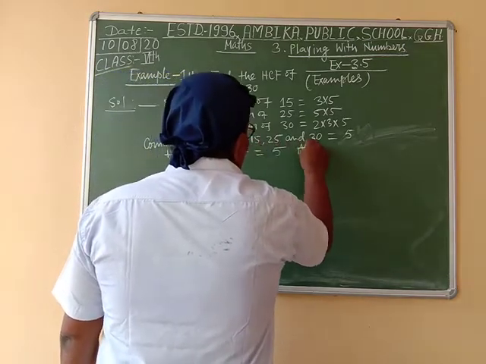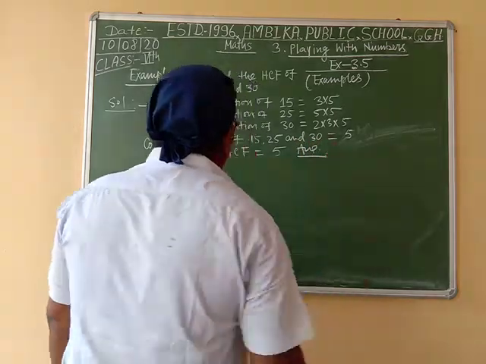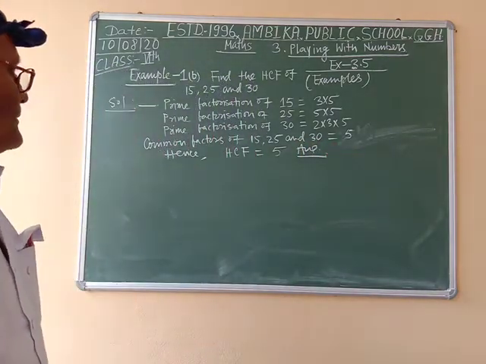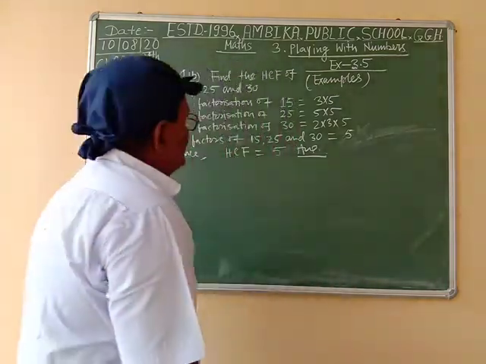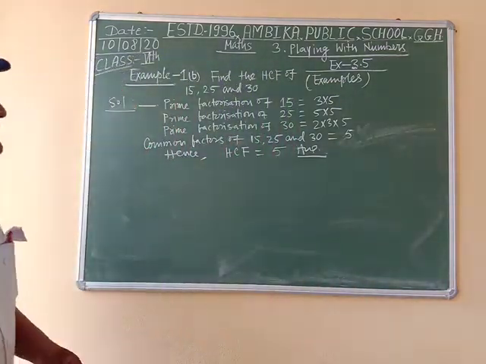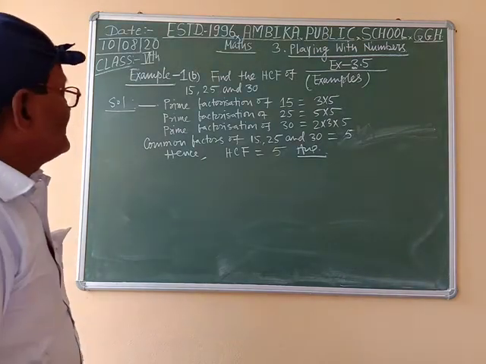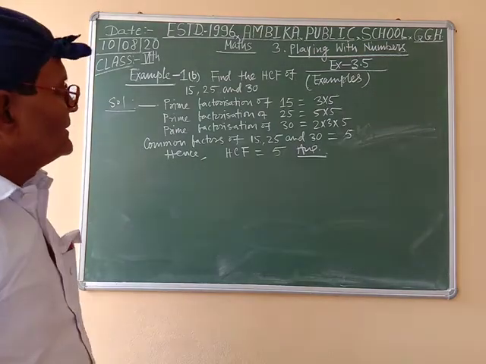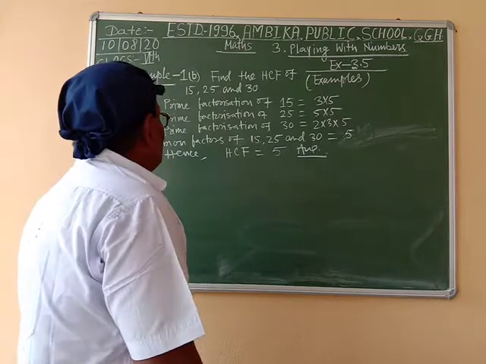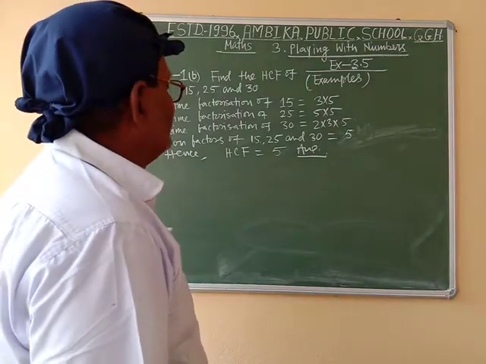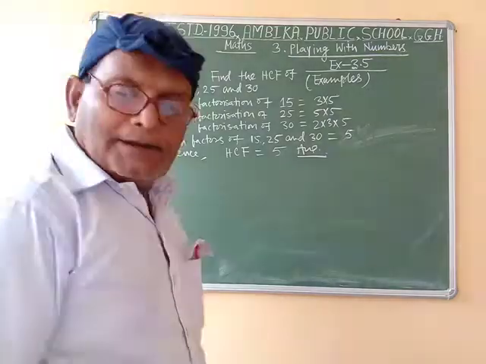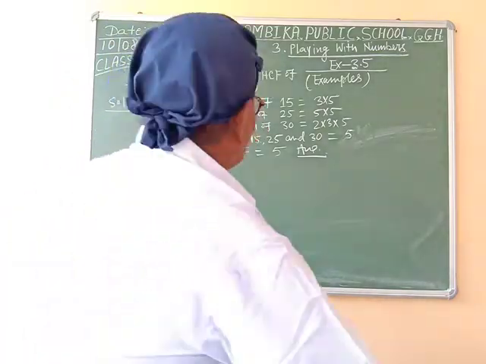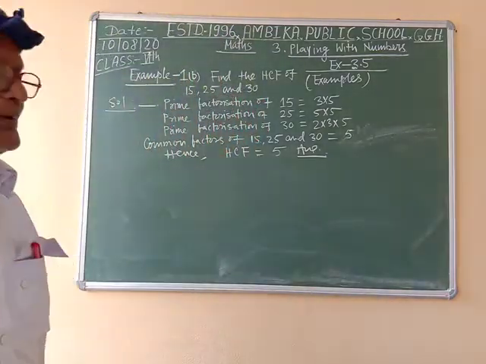Answer. The common factor of the given numbers will be the required HCF. So first of all, we find prime factorization of 15 is equal to 3 into 5, prime factorization of 25 is equal to 5 into 5, and prime factorization of 30 is equal to 2 into 3 into 5.